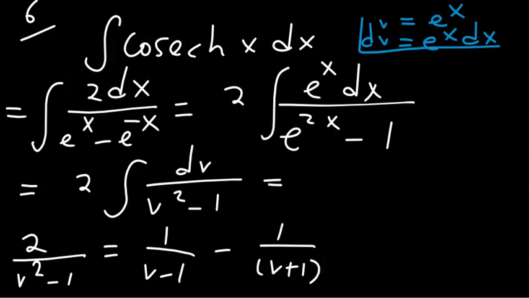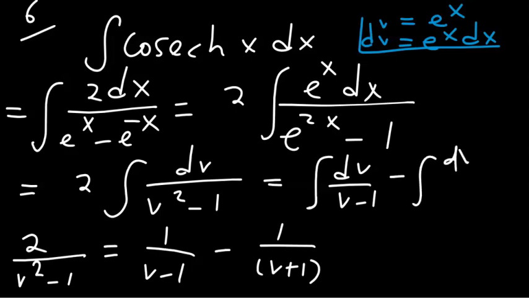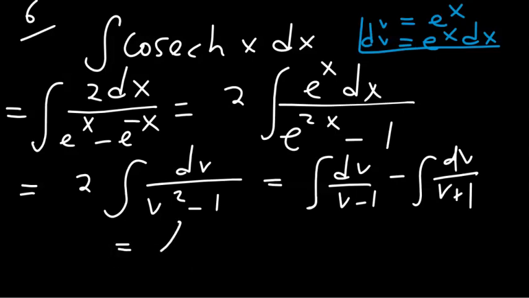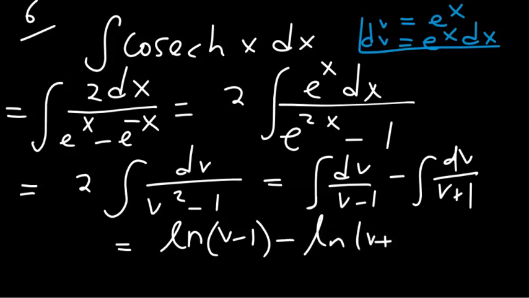So this integral can be broken up into 2. The first one is dv over v minus 1 minus dv over v plus 1. The first integral will give you natural log of v minus 1. The second integral is natural log of v plus 1, plus an integration constant, let's call it g.